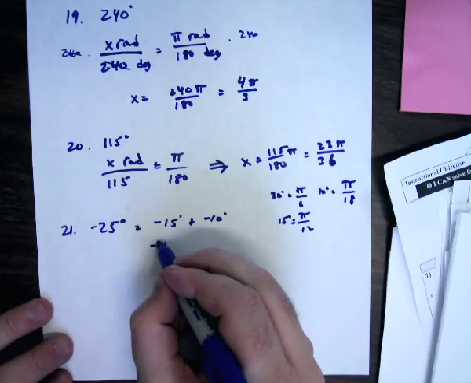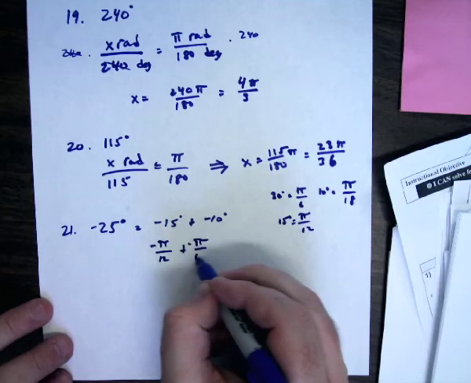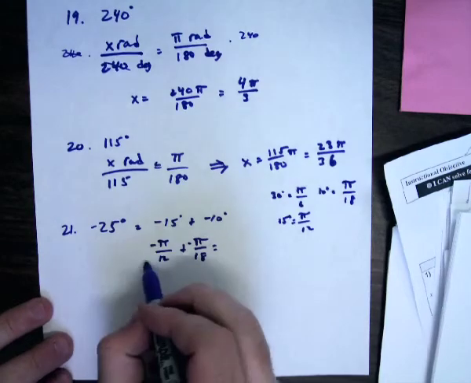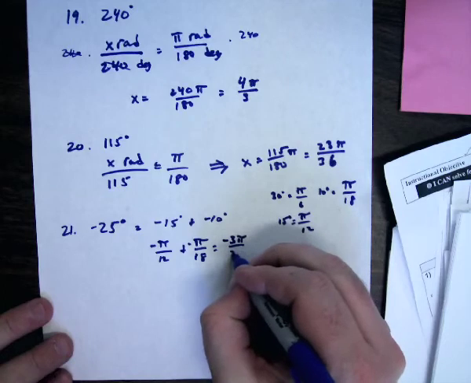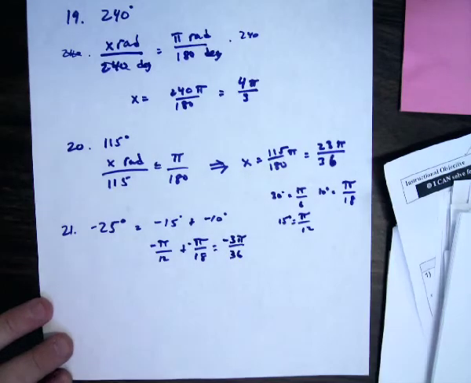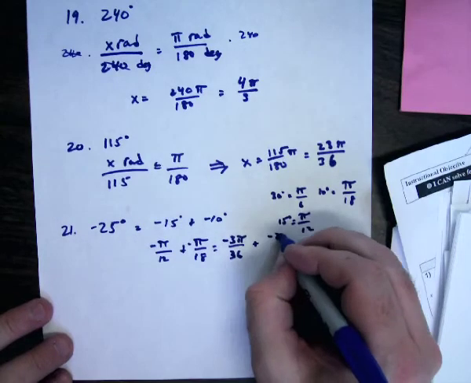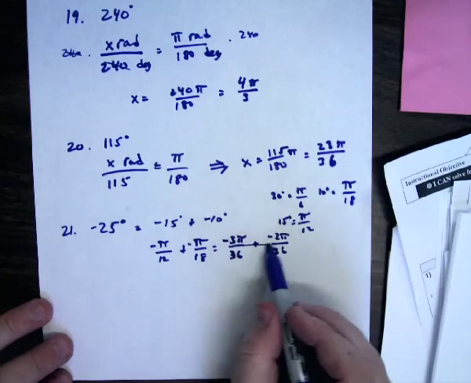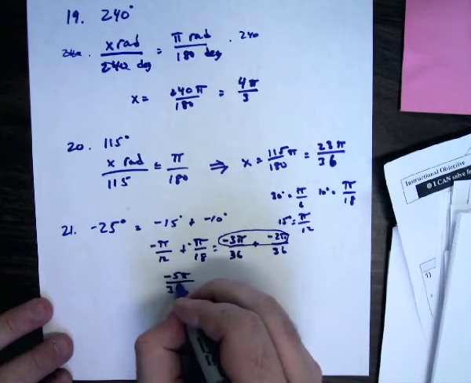So this would be negative pi over 12 plus negative pi over 18. Now both of these can become 36, so I'm going to multiply by 3 over here and get negative 3 pi over 36. And I'm going to multiply by 2 here, and I get negative 2 pi over 36. If I add these up, I get negative 5 pi over 36.